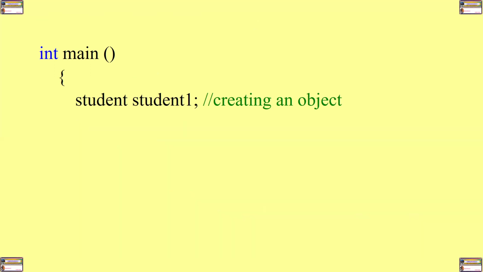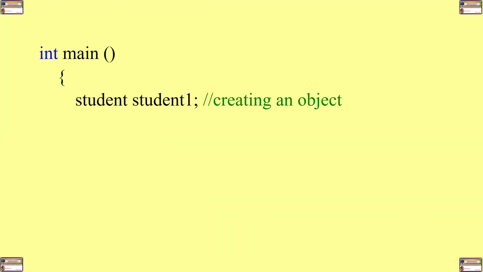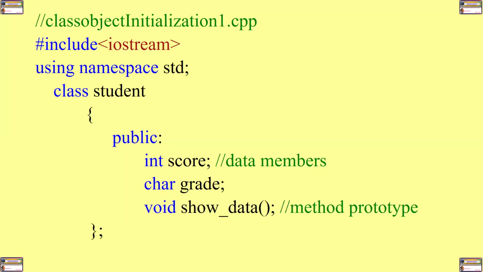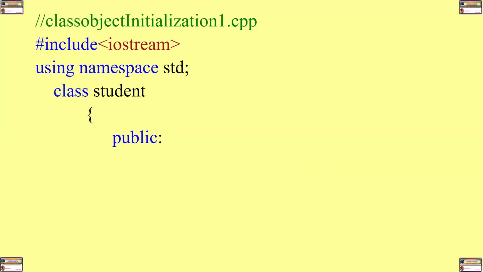From there, once this statement is executed, just as I've said, the compiler will pick value 90, then pass through the object called student1 to go to the class, which is the student class. Look for the member called score and store into this member the value 90.